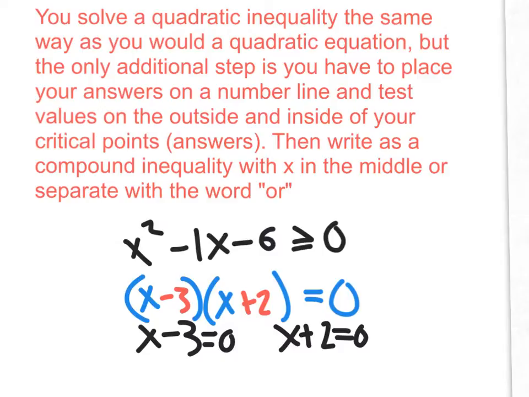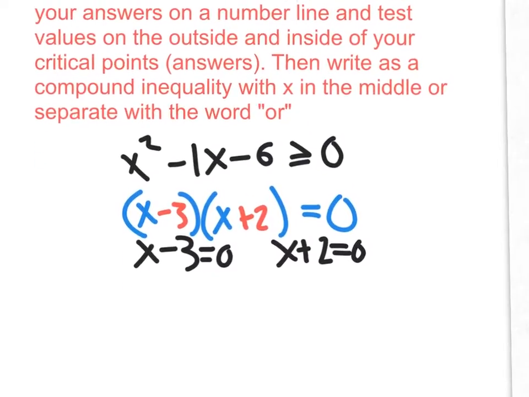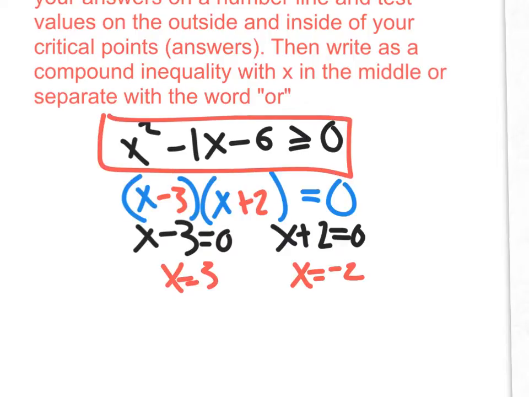Let me scroll this down. So my answers are x equals 3 and x equals negative 2. Now, if the original were an equation, I'd be done. But it's not an equation, it's an inequality. So like the instructions said above, the only difference is that you have to make a number line and put those answers on a number line.